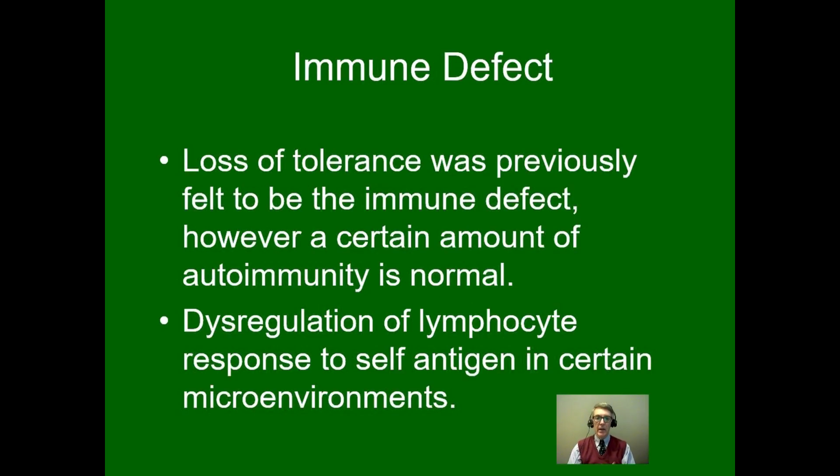So we talked about how there's a genetic predisposition in lupus and some of the clues to that, and we talked about some of the environmental factors that may set it off, but the question is, how does that cause disease, and what's going on with the immune system? Well, what we believe is happening in lupus is that there's a loss of tolerance.